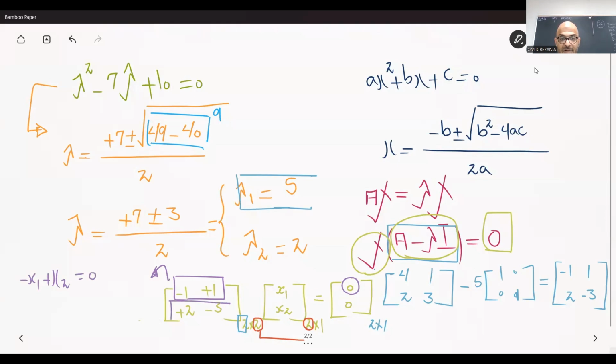Then the second row times the column gives me the second 0. Means that plus 2 times x1 minus 3 times x2 should give me also 0.